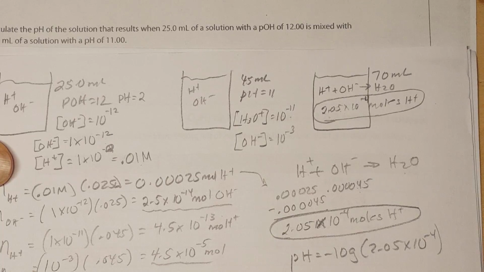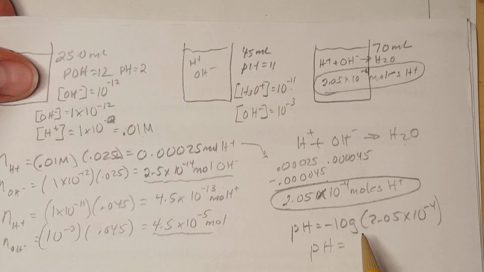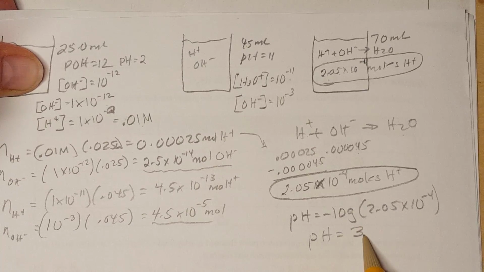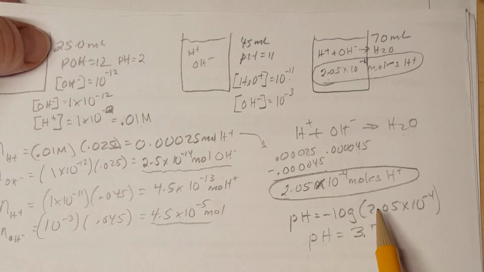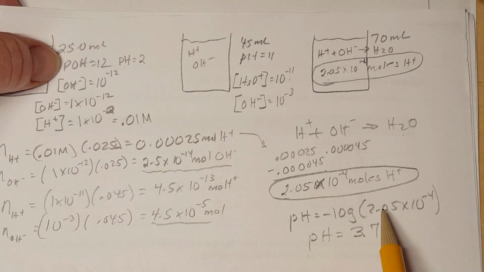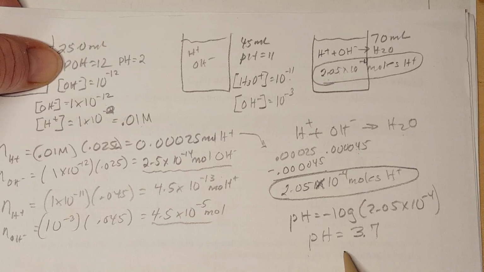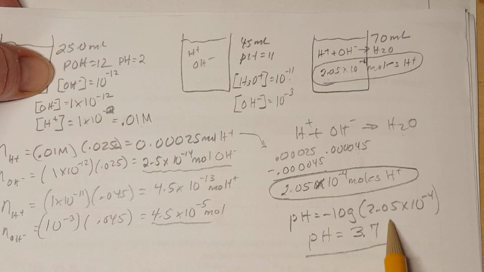And when you do that, you're going to get a pH equal to 3.7. Actually, how many sig figs? We should have 2. That should be right. Okay, so we have a pH of 3.7.